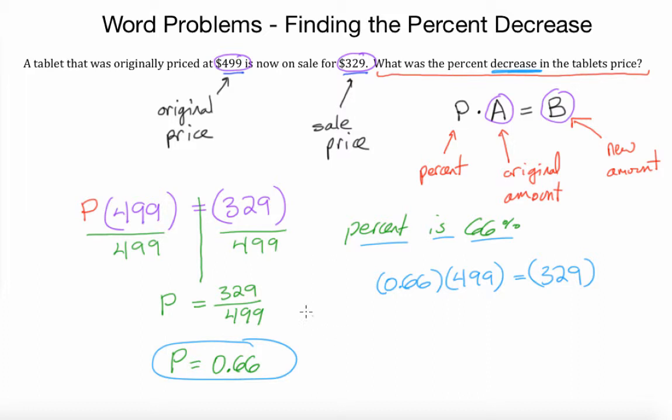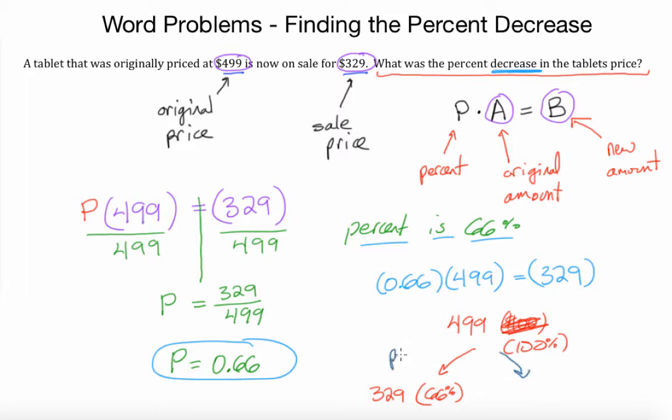So if I break it down in a chart this way, I knew 499 is my 100%. That was the original price. We just solved that $329 is actually 66% of the price. Oh, I just realized I wrote that as $100. That should be 100%. 499 is my 100%. $329 is my 66%. But I'm supposed to try and find the decrease.